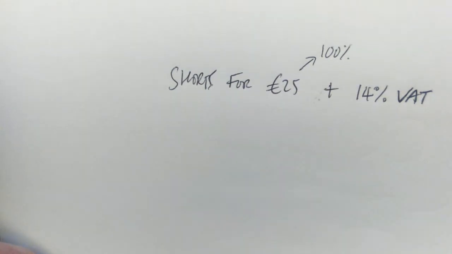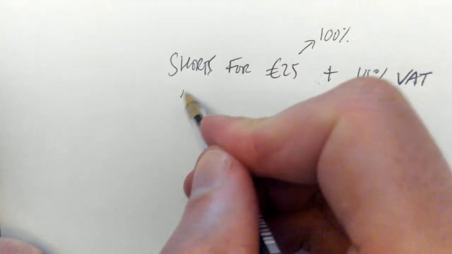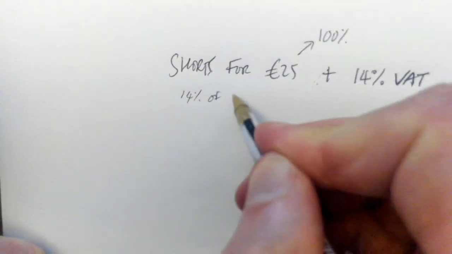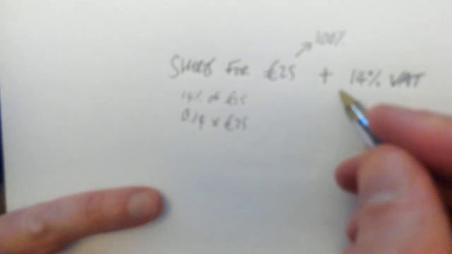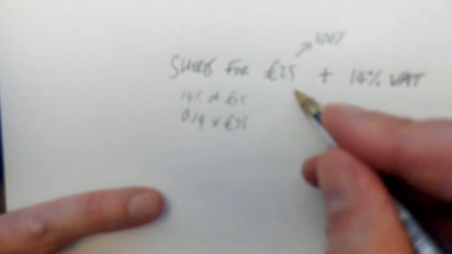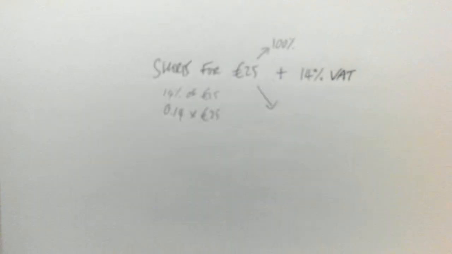So there's two ways we can work this out, right? So the total cost is going to be, you can work out 14% of 25, which would be 0.14 multiplied by 25, and then add that on. Or the shortcut method I want you to do is to work out, if that's 100% and we're adding 14%, it's 114%, isn't it? 100% plus 14% is 114%.